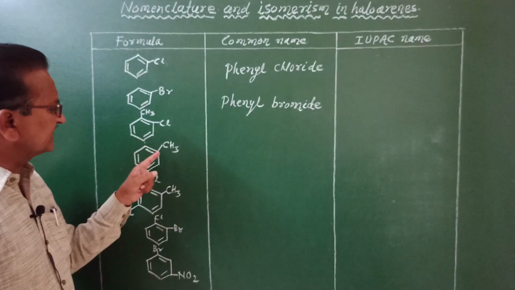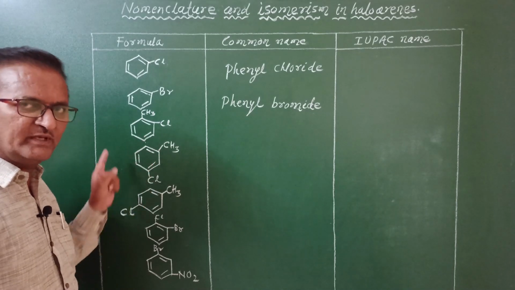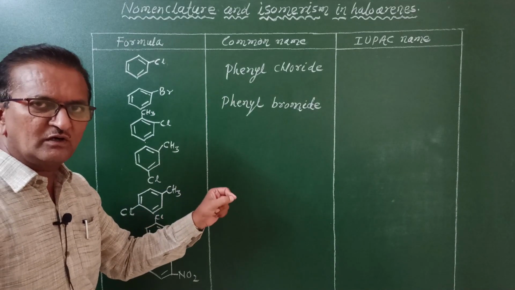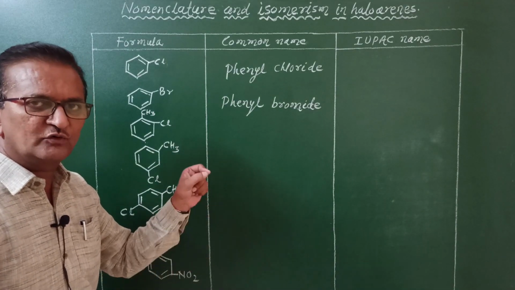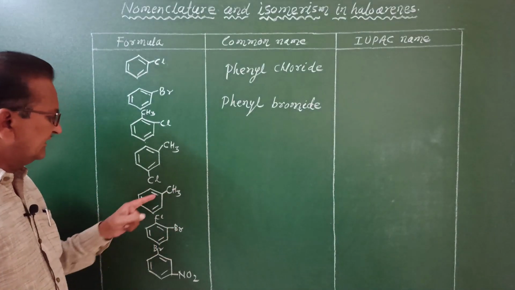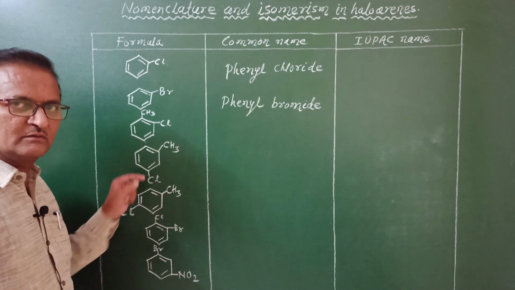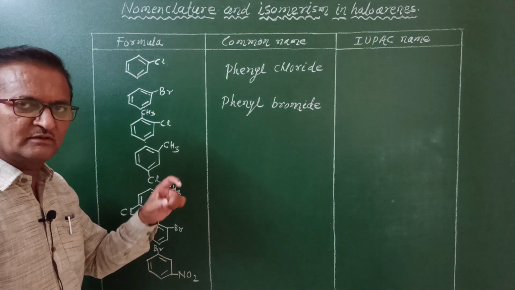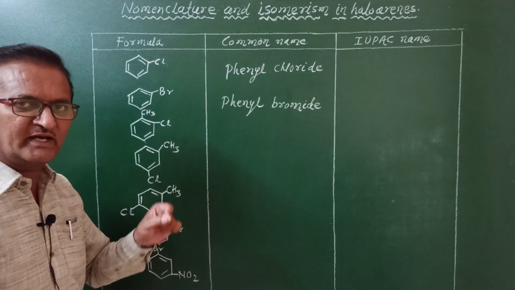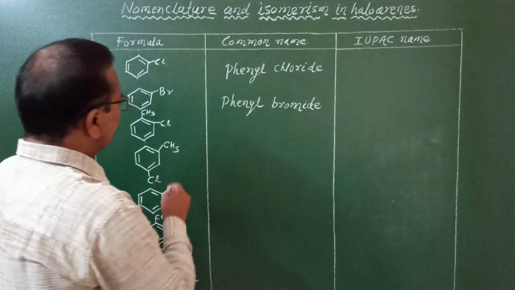If substituents are present at carbon number 1 and 3 on the benzene ring, then it is called meta, denoted by small letter m. And if substituents are present at 1 and 4 positions in the benzene ring, then it is called para, denoted by small p. Therefore, what is the common name of the first?